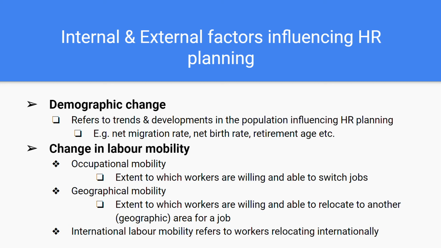That's why you can see that expats, people that usually work in foreign countries, get higher paid wages as an incentive to work internationally, because not many people are willing to move internationally.